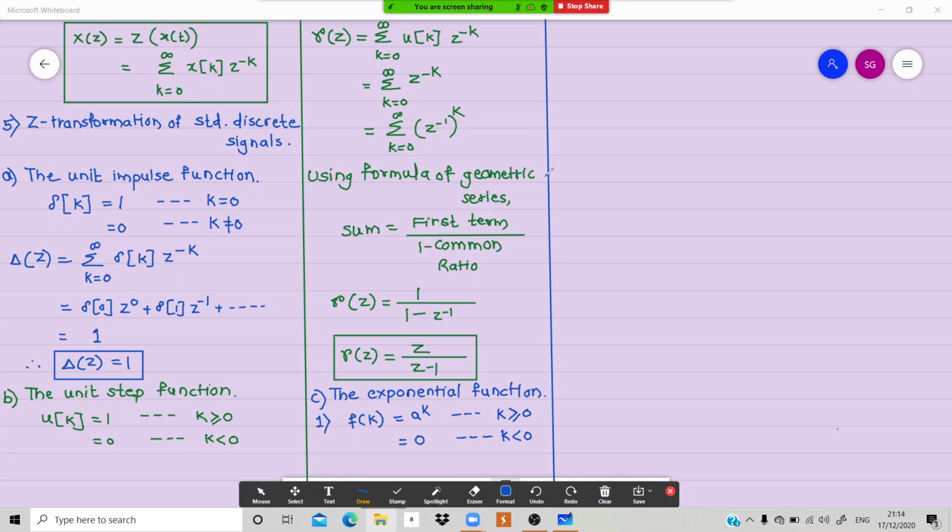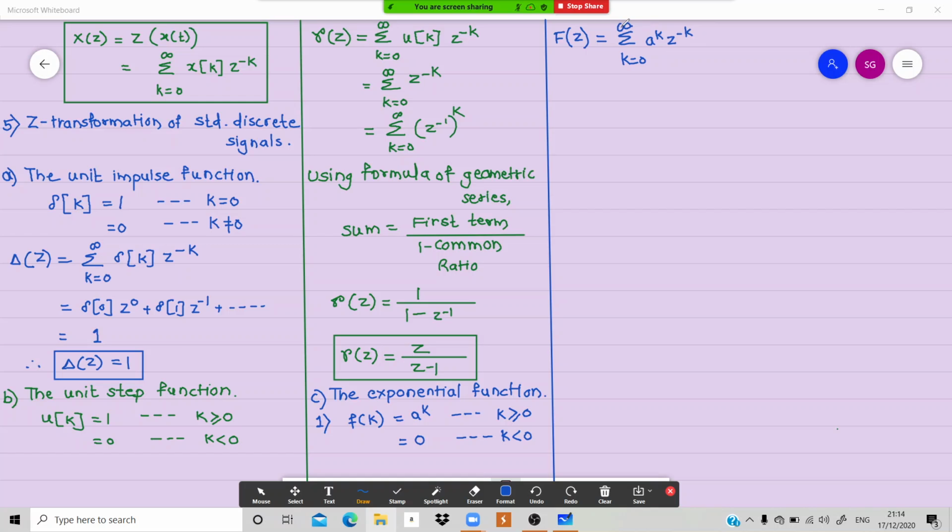Yeah, so in this case, if you are writing f of z, the function is small f, so in the z domain we are going to write f of z. F of z will be what? Summation of k equal to 0 to infinity a raised to k z raised to minus k.